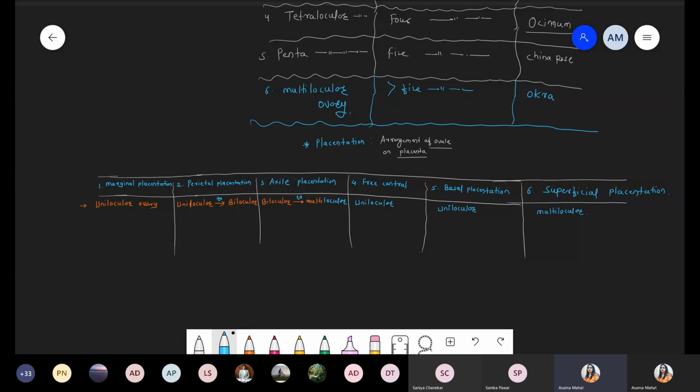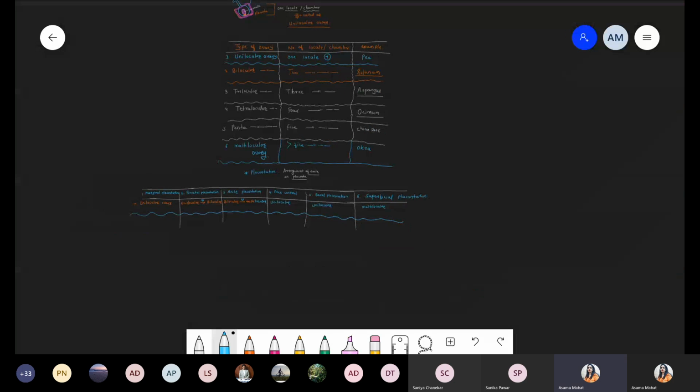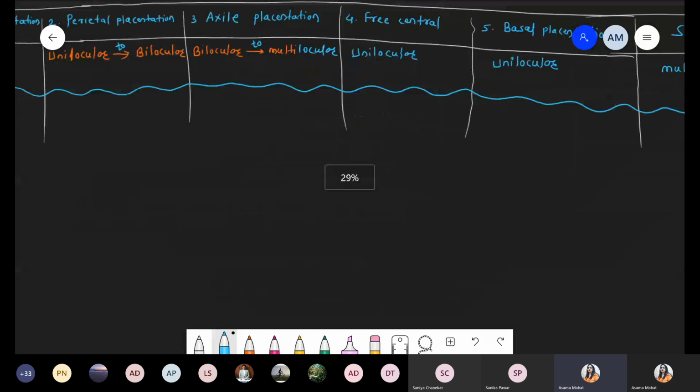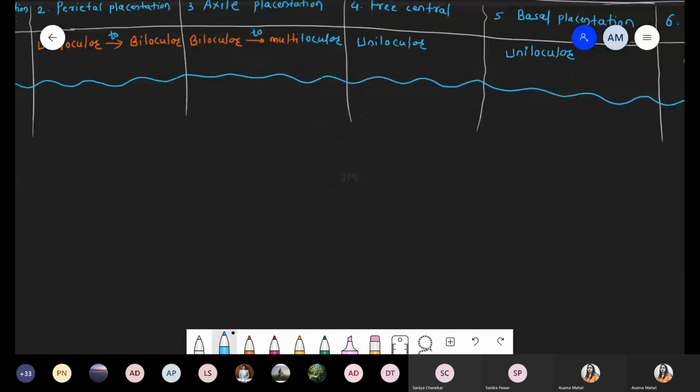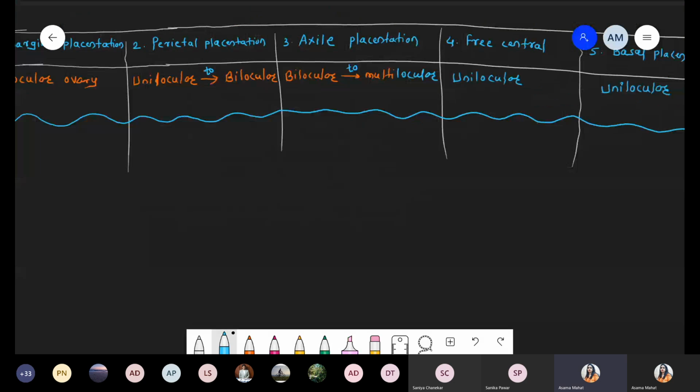Now, next part, just draw one line. Next we are talking about a characteristic: which is the most common in angiosperm, which is the most advanced, which is the most primitive. In case of axial placentation, you have to write, under marginal just a dash, under parietal just a dash.